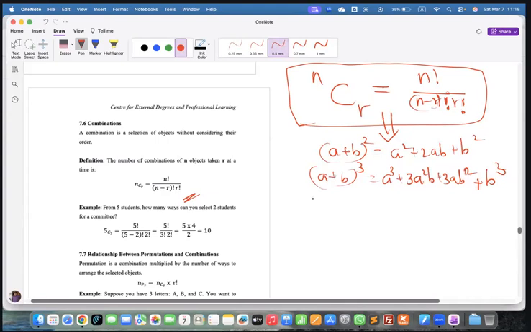Now tell me, what is the equation for a plus b whole to the power of 4? How can we write it?